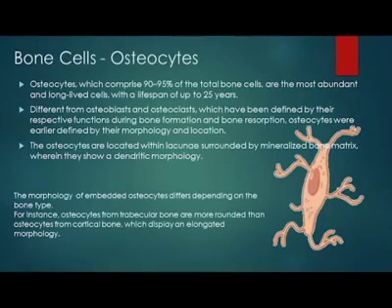Different from osteoblasts and osteoclasts, which have been defined by their respective functions during bone formation and bone resorption, osteocytes were earlier defined by their morphology and location. The osteocytes are located within lacunae surrounded by mineralized bone matrix, wherein they show a dendritic morphology.